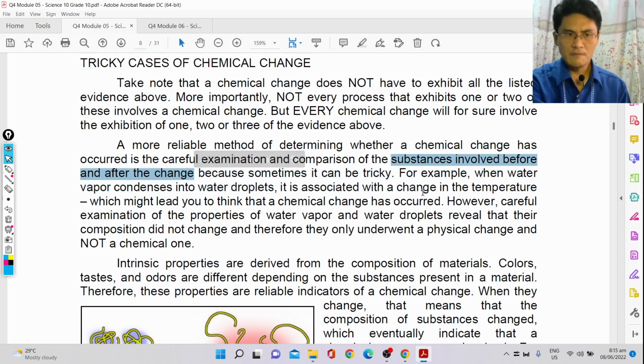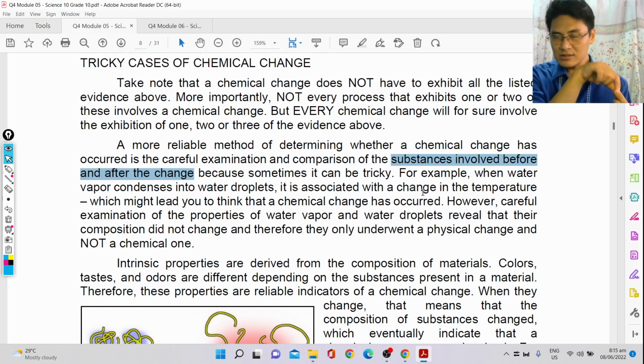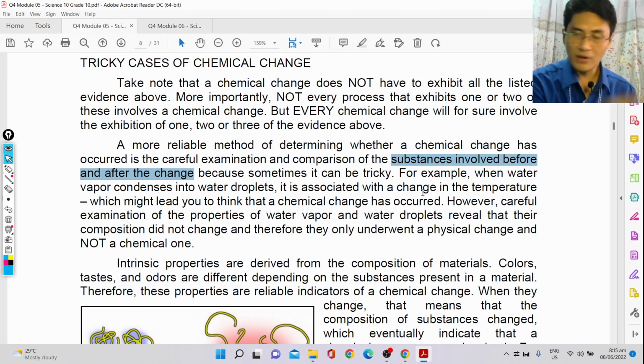As the name suggests, there must be a change. So you look at what the substances were before, and then what the substances were after. Were we able to make a new substance? Do the products differ from the reactants, or from the initial substances that you had?